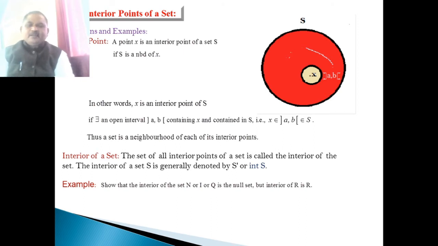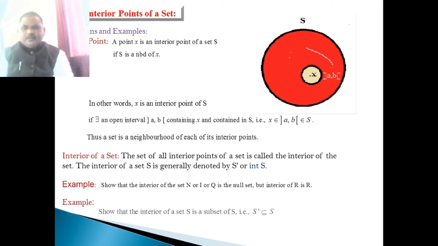But the set R, the real number set, is the neighborhood of each of its points. That means every point of the real number set is an interior point. Therefore, the interior of R is R itself.